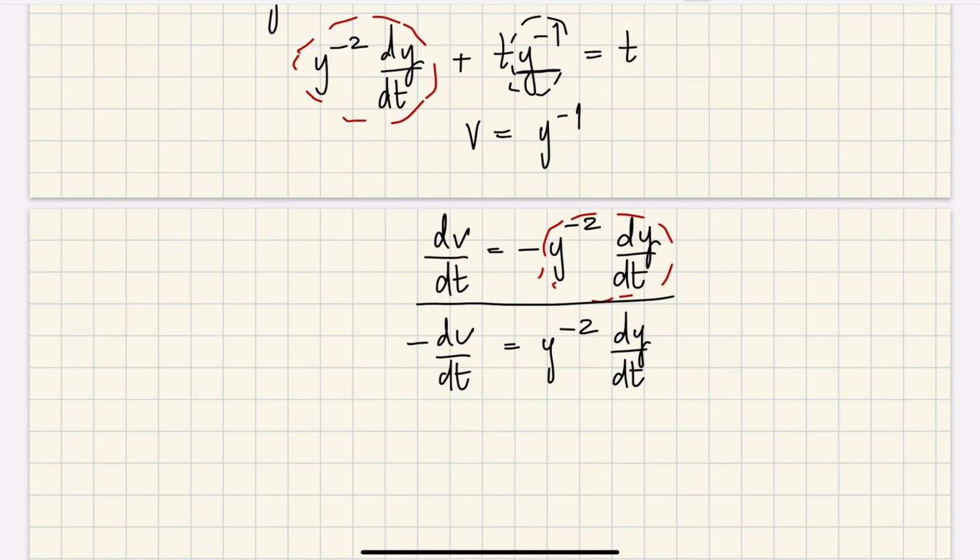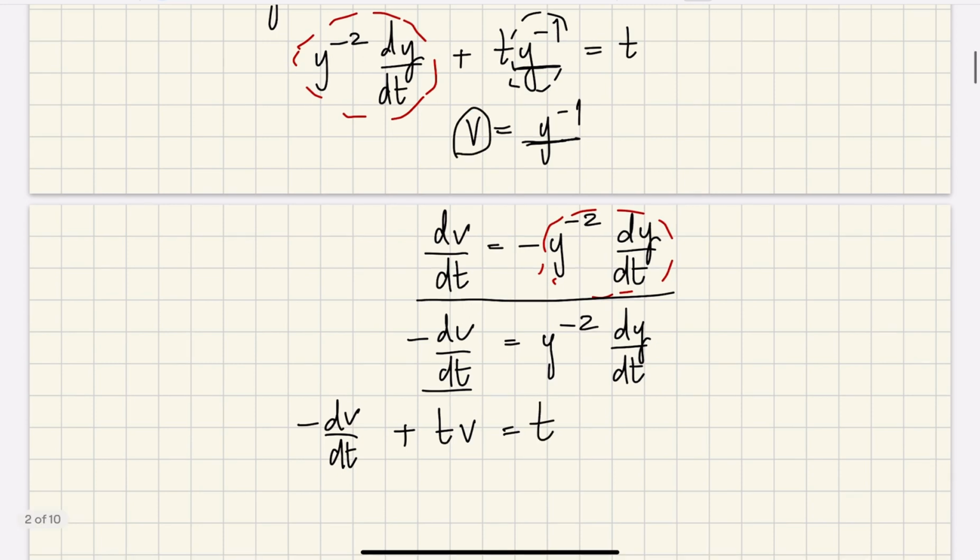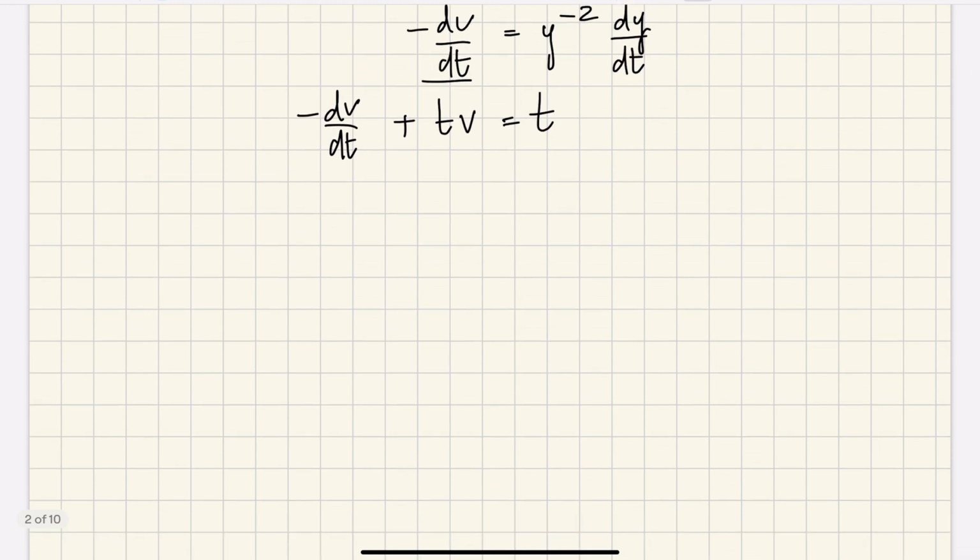So we have negative dv over dt from here plus t times v. We're substituting for these with v is equal to t. Now I'll multiply everything by negative 1 so I can have the coefficient of dv over dt as 1. So that becomes dv over dt minus tv is equal to minus t.